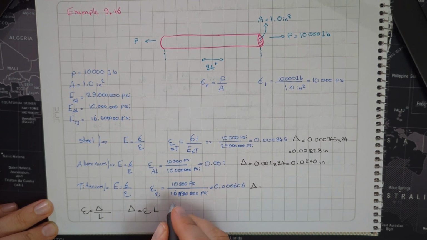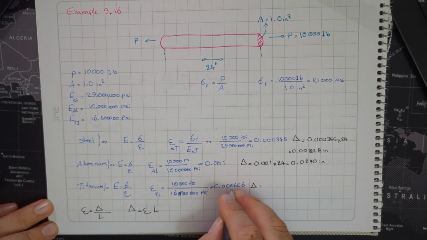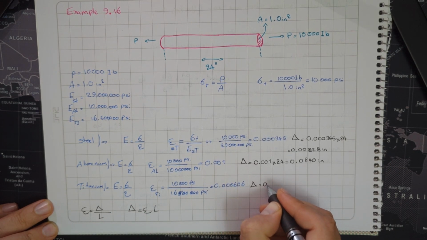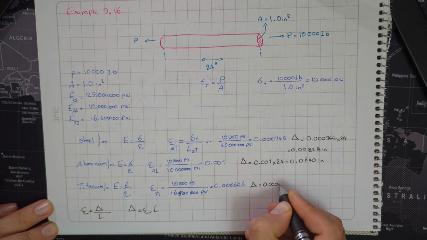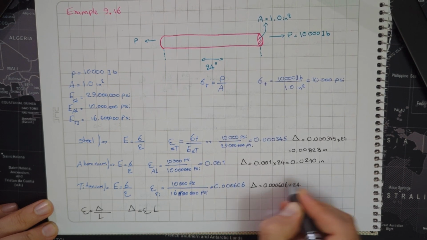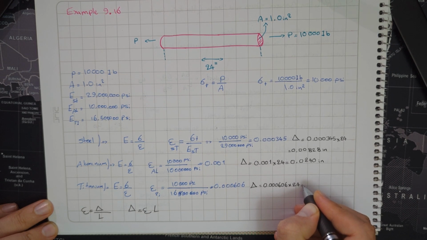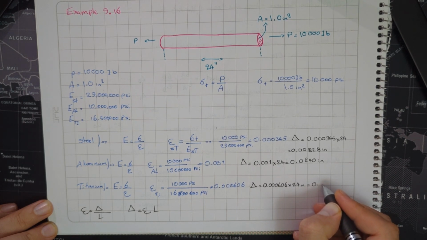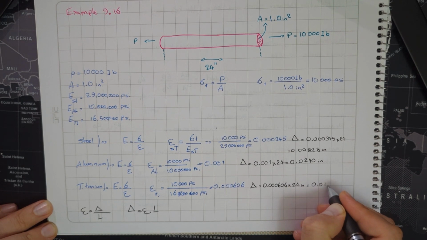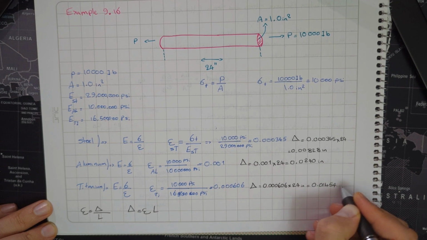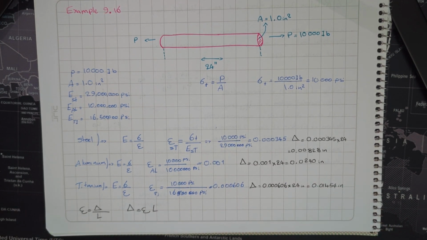And the last one for titanium, delta equals, the answer has 0.00606 times 24 inch equals 0.01454 inches.